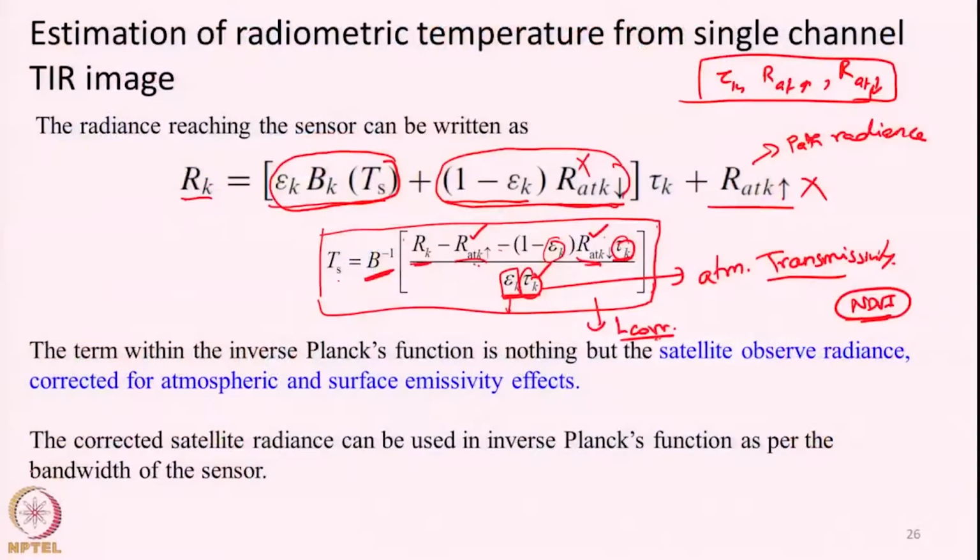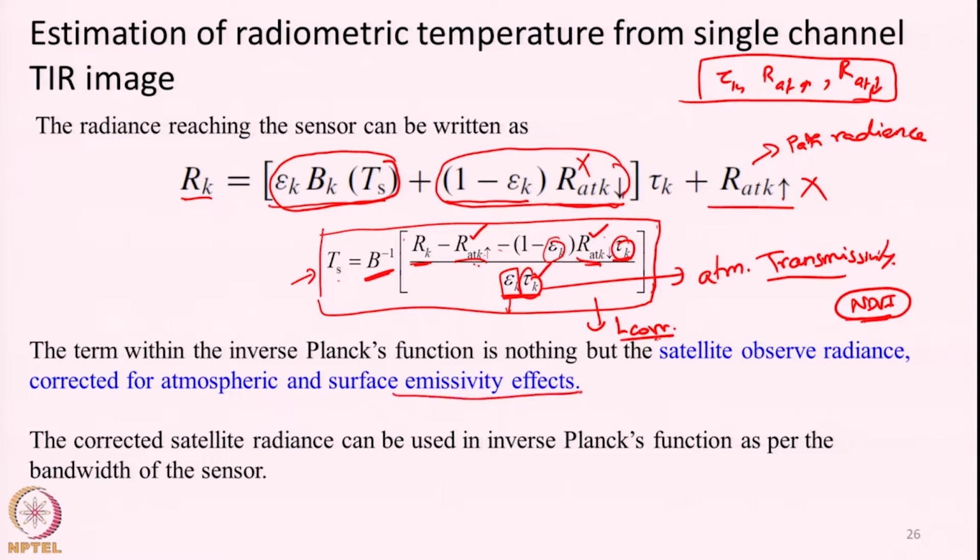As a brief summary, we will just look at that slide. So, in this particular slide, this is the equation we used for the retrieval of LST: the inverse Planck's function of the radiance received at the sensor after being corrected for atmospheric effect and surface emissivity effect.